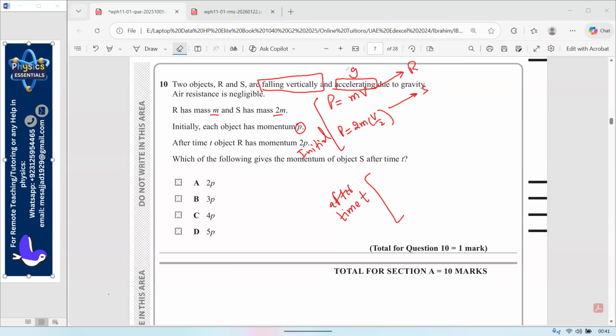So gravitational acceleration is independent of mass. The speed gained is equal to gt, because acceleration is the rate of change of speed, v over t. So we can write v equals gt, and that is the same for R and the same for S, because both are falling vertically.